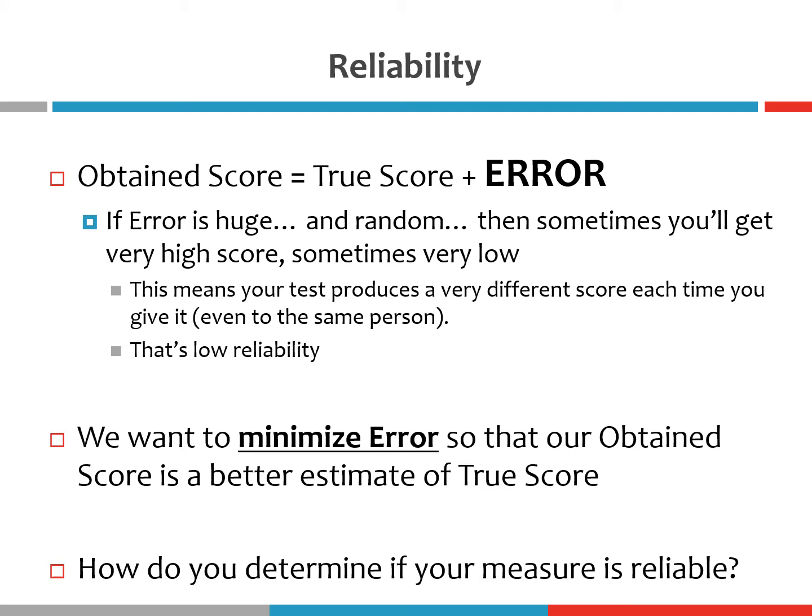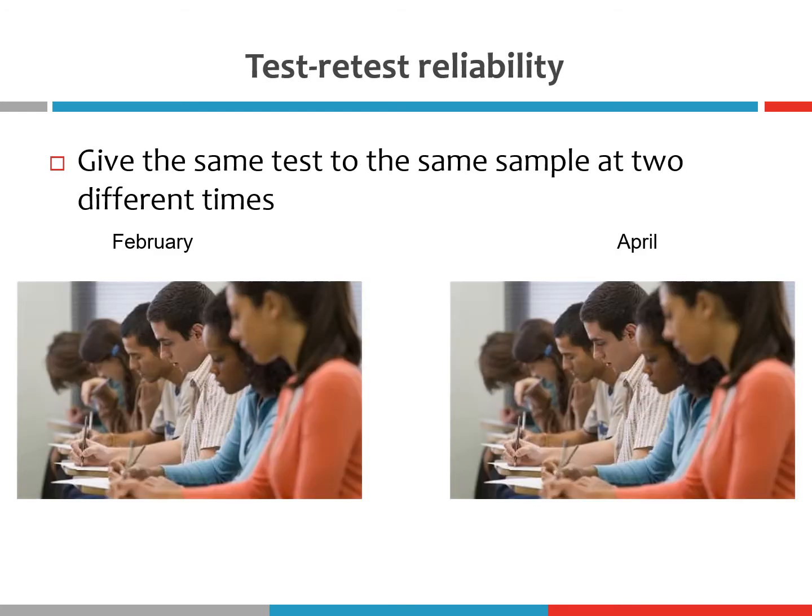Okay, so how do you determine if your measure is reliable? One of the easiest ways is by looking at test-retest reliability. We give the same test to the same sample of respondents at 2 different times.